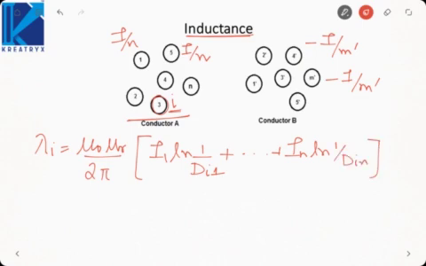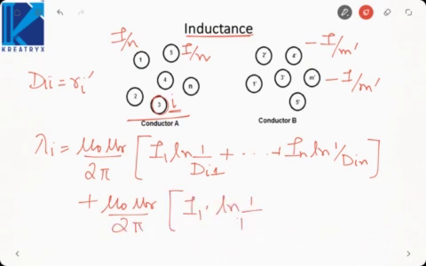And remember, dii whenever it occurs, it will be equal to ri prime. Now let us take the other group: mu naught mu r by 2 pi, I1 dash ln 1 by d i1 dash, similarly up to Im dash ln 1 by d i m dash. Now we know the currents I1 up to In are equal to I by n and I1 dash up to Im dash are equal to minus I by m dash.